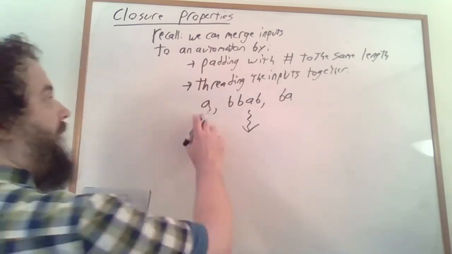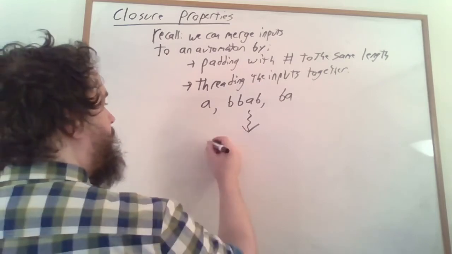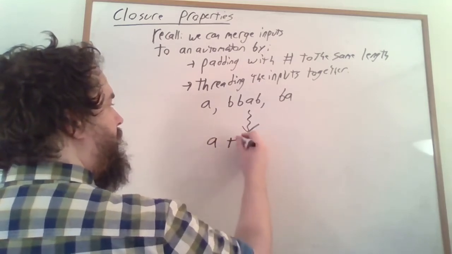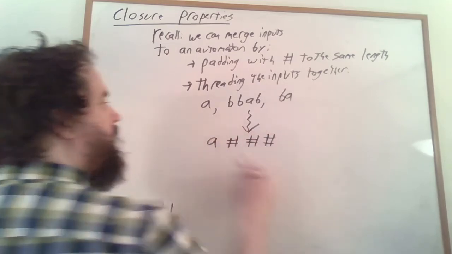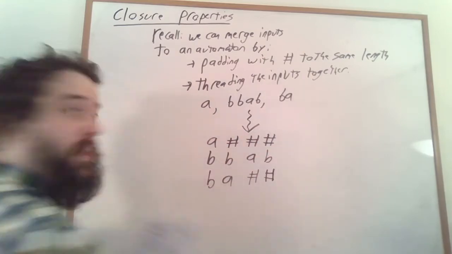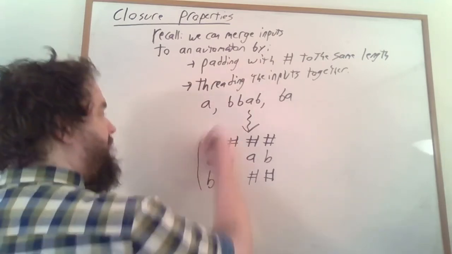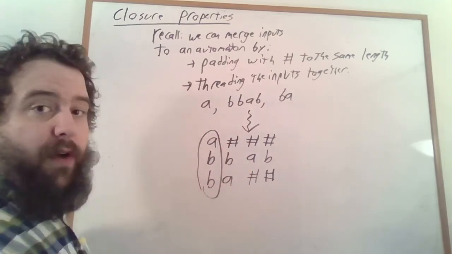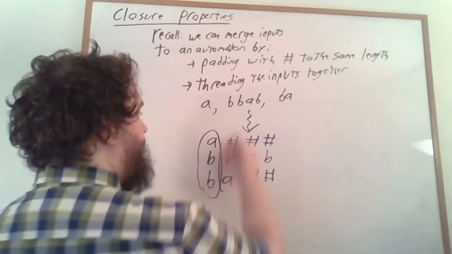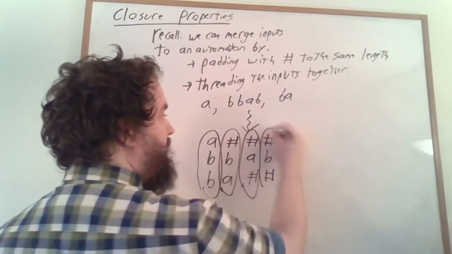So if we have three inputs like this, we can merge them together. First, we take the inputs and we pad them so that they're all of length 4. And then we view this as a word of length 4, where this is the first character of that word, this is the second character of the word, this is the third character, and this is the fourth character.